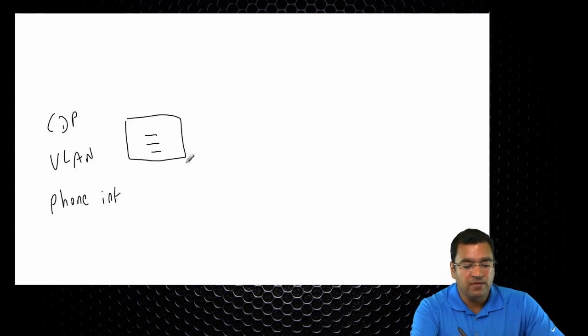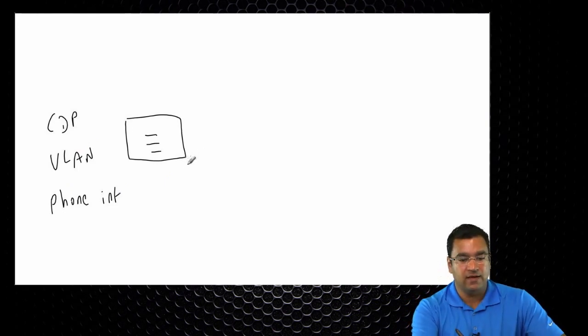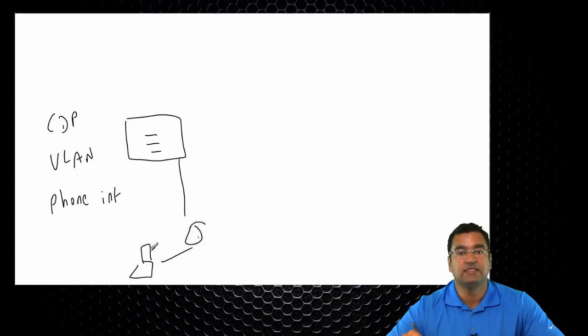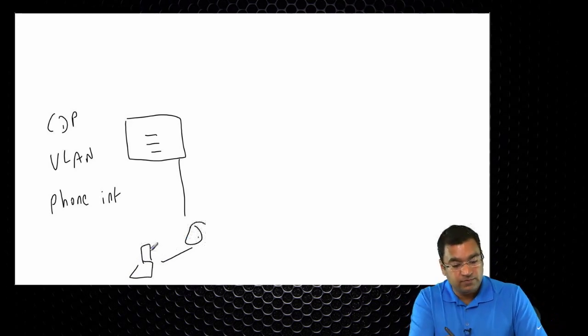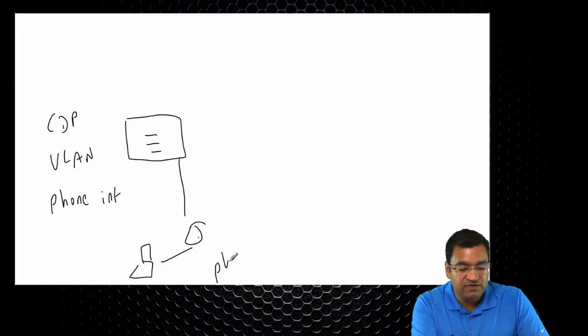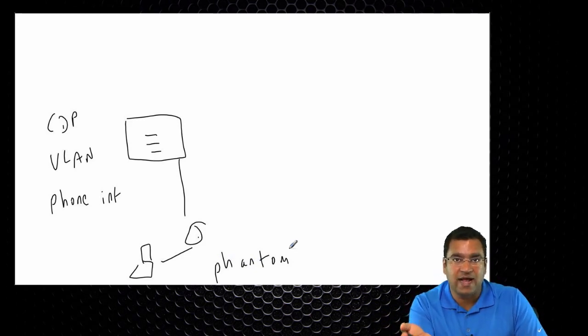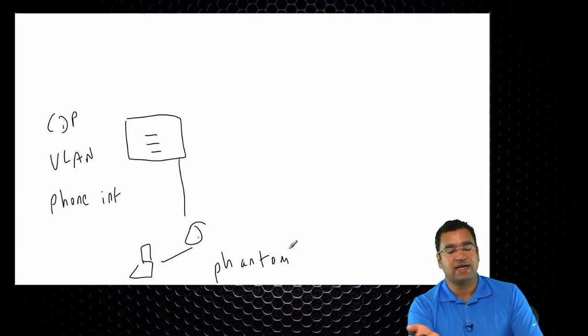Now, bear in mind the access VLAN is not required because there is no attached device in the PC port. So this PC that I've drawn here, it's what's known as a phantom device. It's not really there, but you're just being asked to configure or prepare the switch in case there was an attached device. So there's no real way to test that.